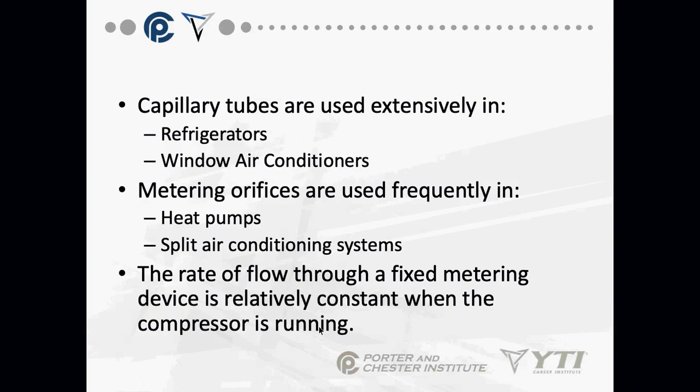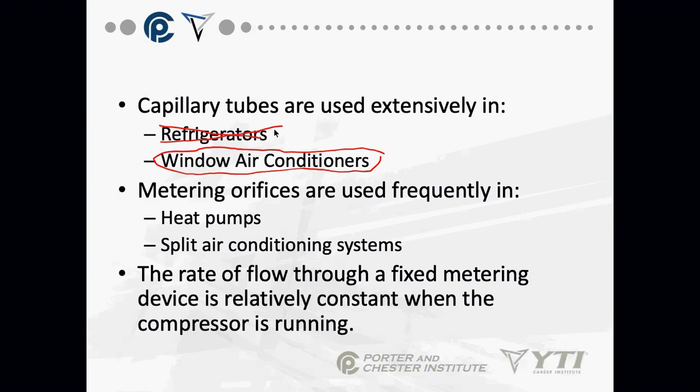Cap tubes are used extensively, and honestly at this point, I'm removing that first one, and I'm saying window unit air conditioners. You still see them in older refrigerators, but in the newer refrigerators, believe it or not, refrigerators have actually stepped ahead of the energy efficiency curves, and a lot of them are now using electronic metering devices and TXVs and stuff like that.